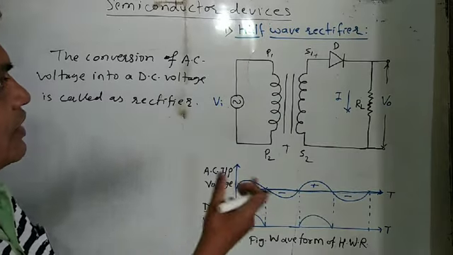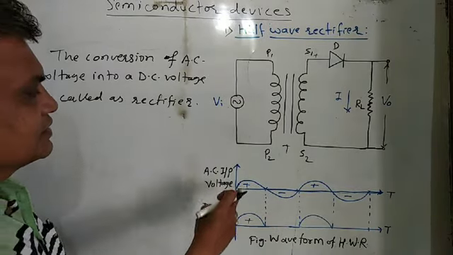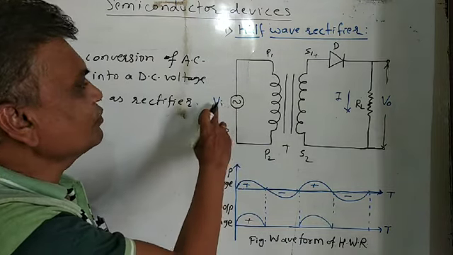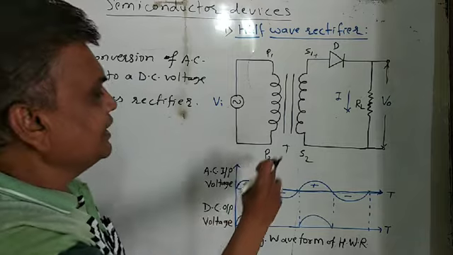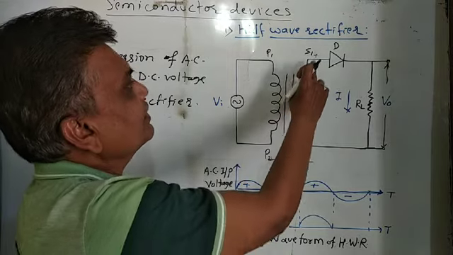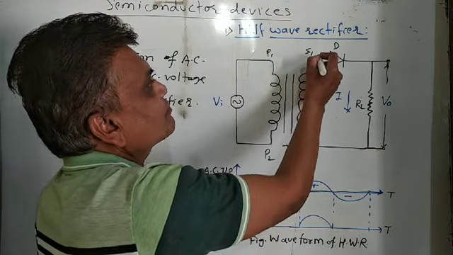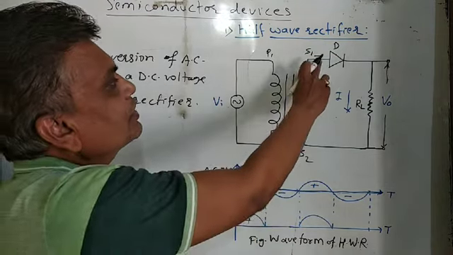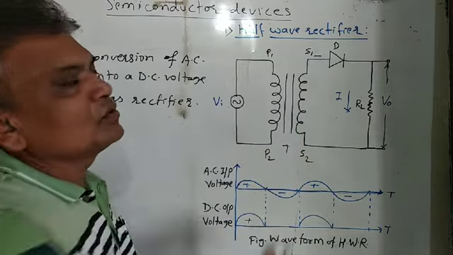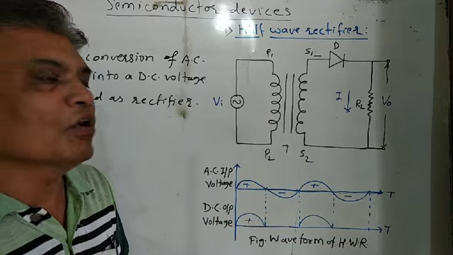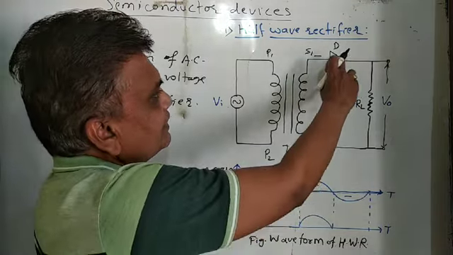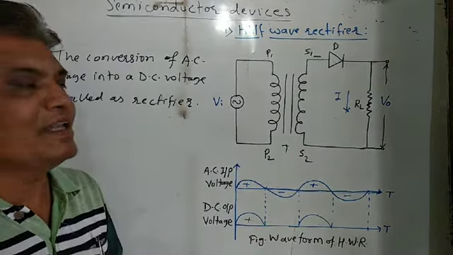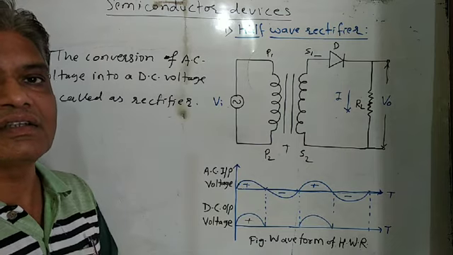Now again for the next half cycle, that is the negative half cycle of the AC input voltage, S1 becomes negative. That means negative potential is given to the anode of the diode, so the diode is in reverse bias, and hence it does not conduct current.